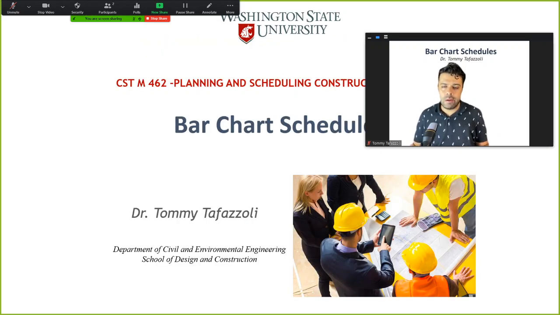I talked about the RS Means data book in the lab, and in the previous class we talked about the activities, how to identify the activities, what type of work could be called a construction activity, and today we will be talking about the first type of schedule, which is the most common one, and that is called bar chart schedules.